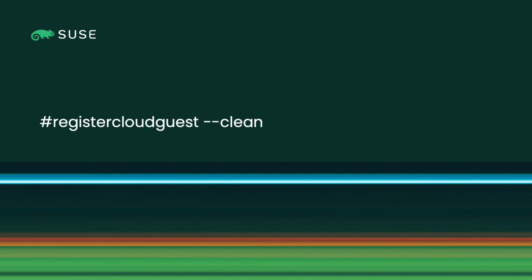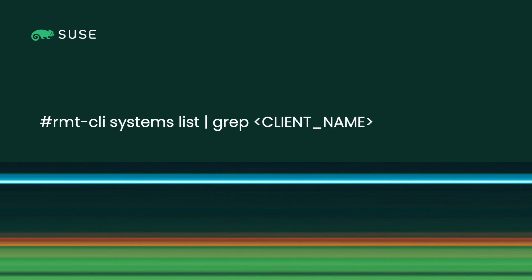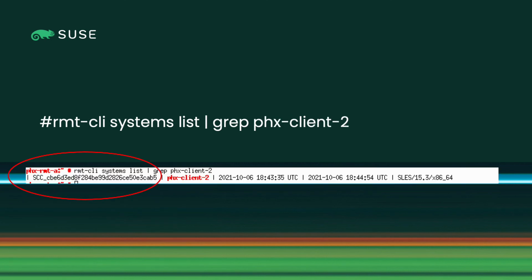You will also need to manually remove the client from each of the RMT servers that share registrations by executing the following command sequence: rmt-cli systems list, pipe grep, and the client name. In this example, I have substituted client name with my test cloud client, Phoenix Client 2, and the returned results are shown. Copy the GUID ID starting with SCC, which is circled in red, into the copy buffer.